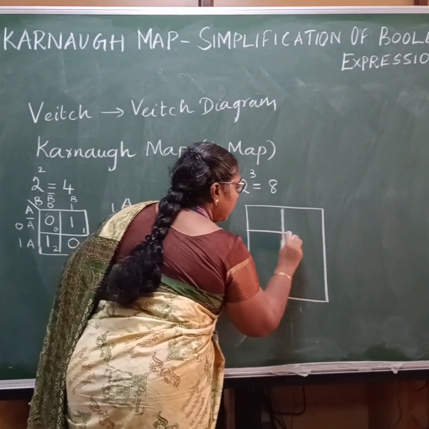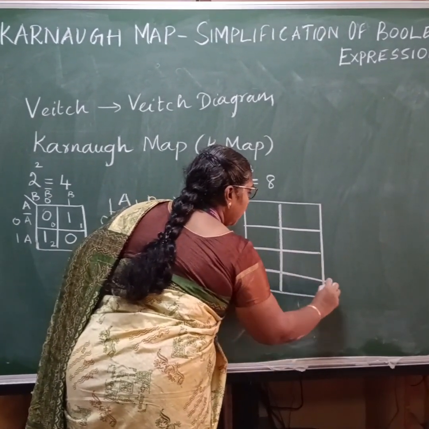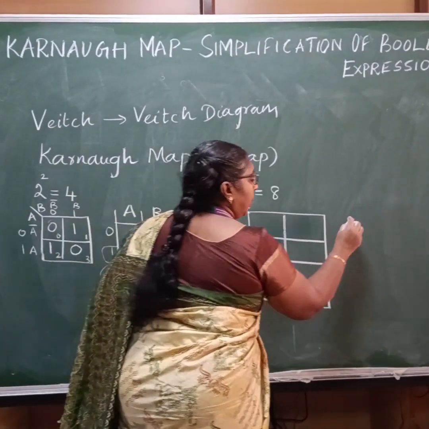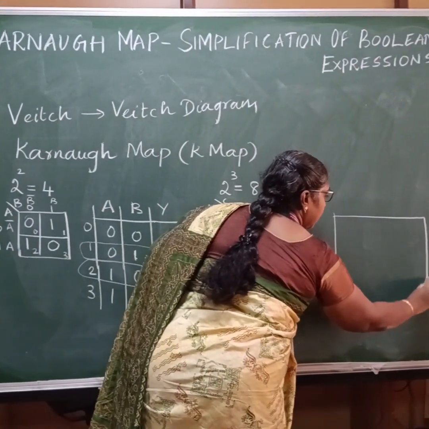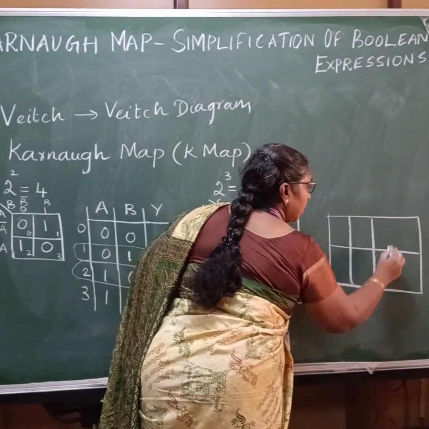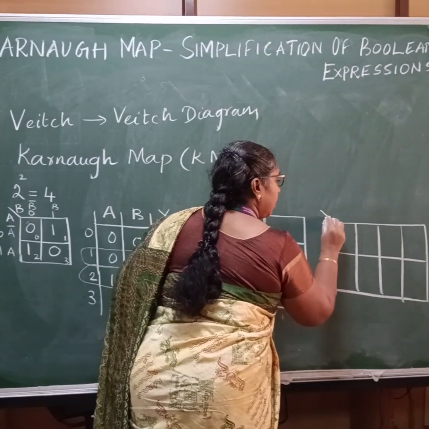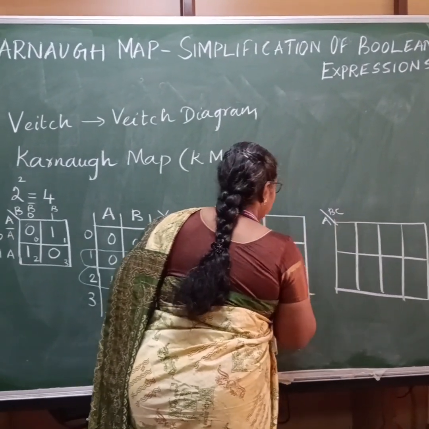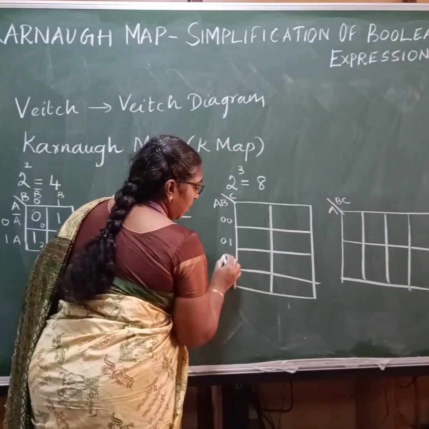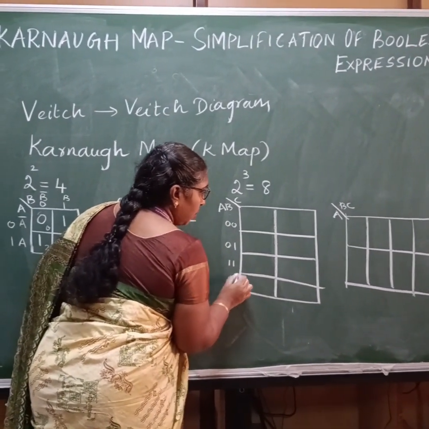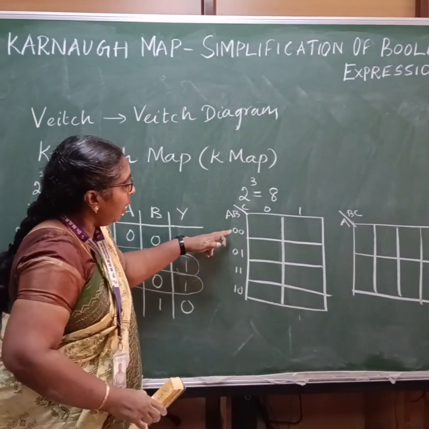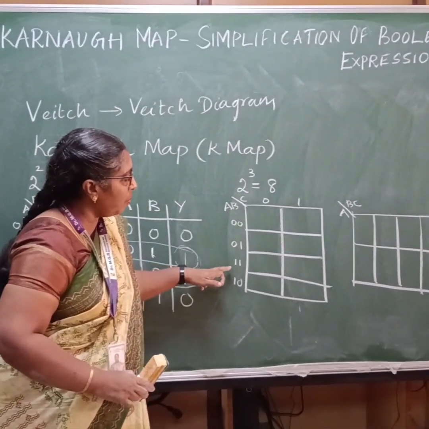You can represent it in this form or in the other form. Here you can see we have written the column labels 0, 0, 0, 1, 1, 1, 1, 0.